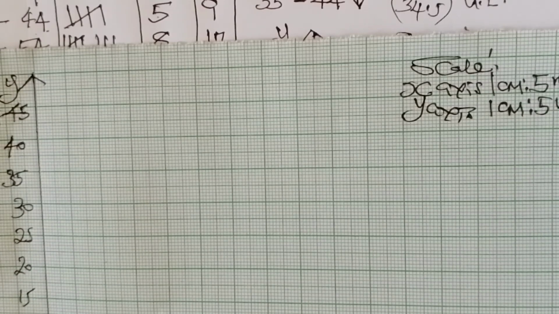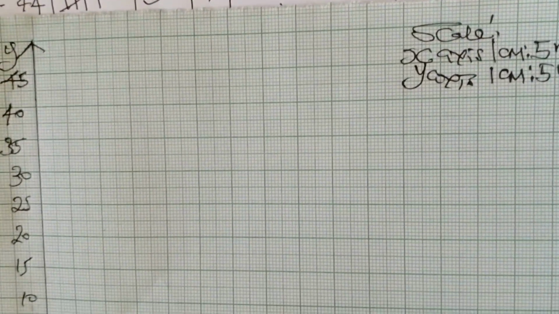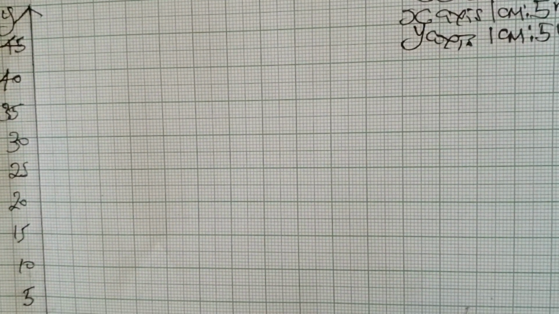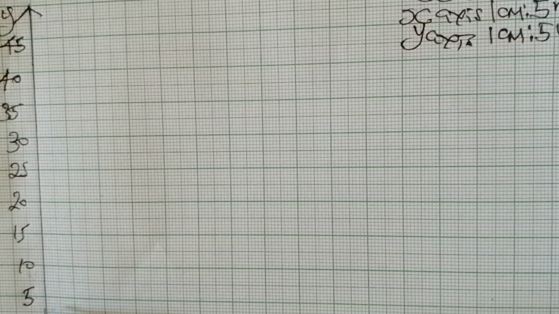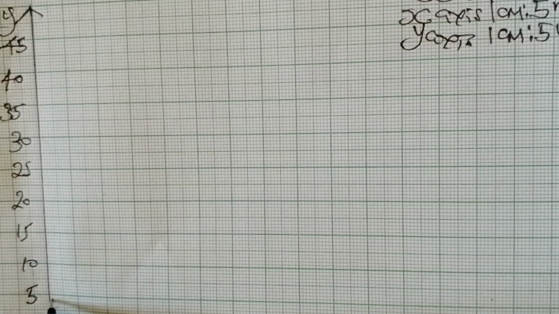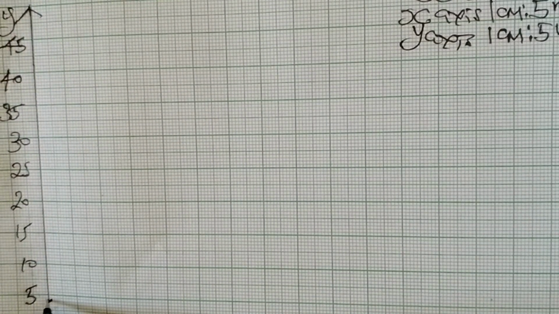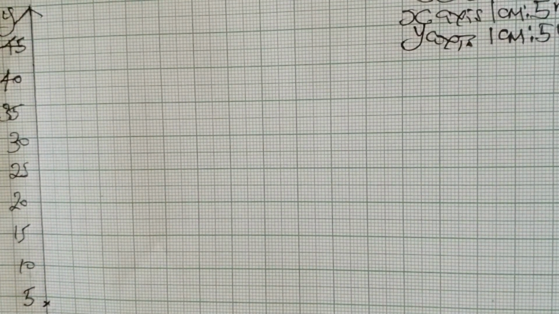So 4 will be 2 squares below 5, 2 small squares below 5. So put a mark at 34.5 at 4. 4 is there. Put a mark there.